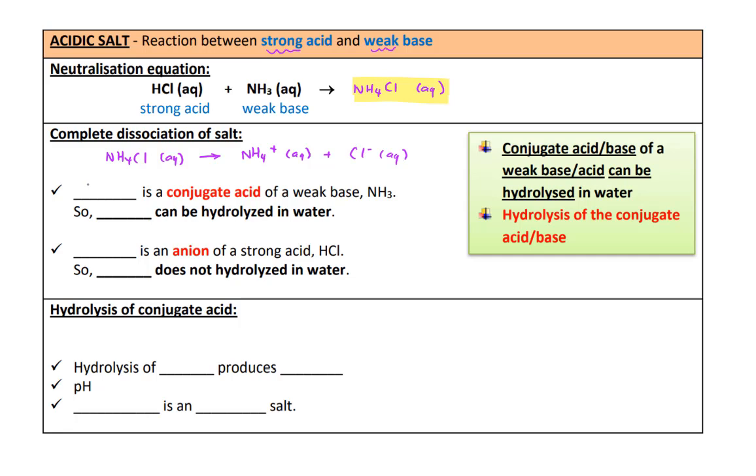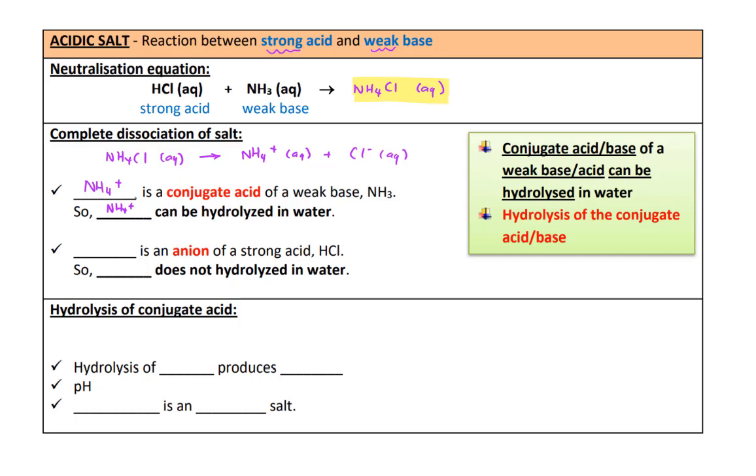Alright, the first ion produced over here is NH4+. NH4+ is the conjugate acid of a weak base. Recall that NH3, after accepting a proton, will become the conjugate acid NH4+. Since it is the conjugate of a weak base, it can be hydrolyzed in water.